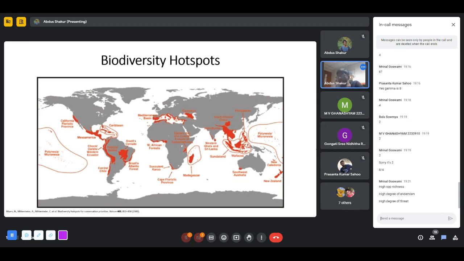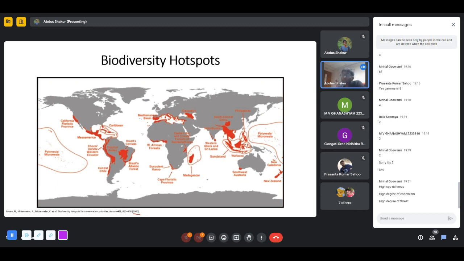This picture is not so clear because it's from a really old paper, from 2000, around the time most of us were born. What they had done was make maps of different things. One map had the number of species, like Mrinal has pointed out in the chat, and another map showed the degree of endemism in each of these areas, and the relative amount of threats, mostly from humans.